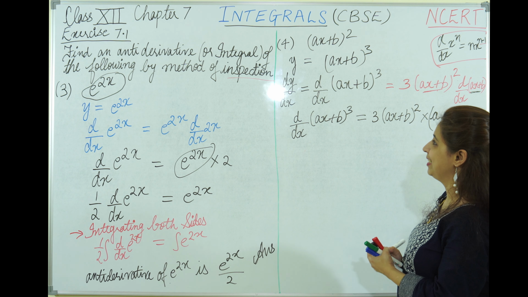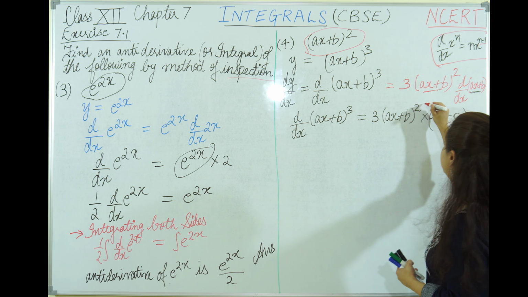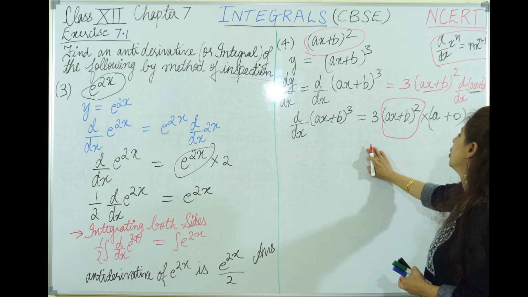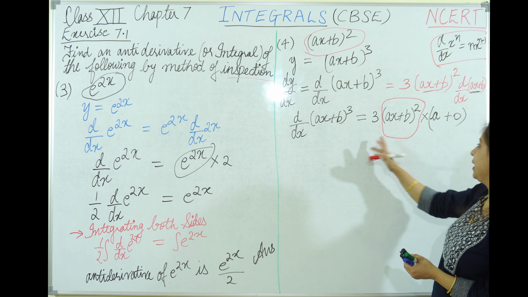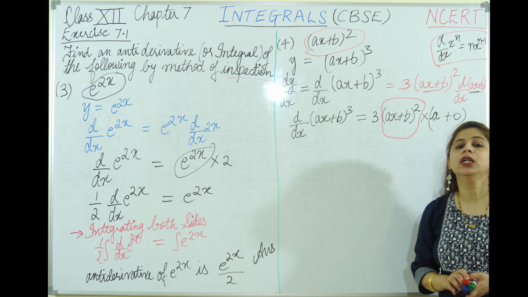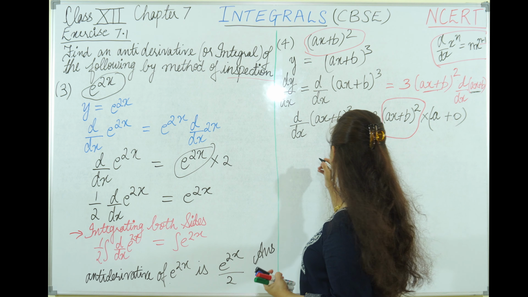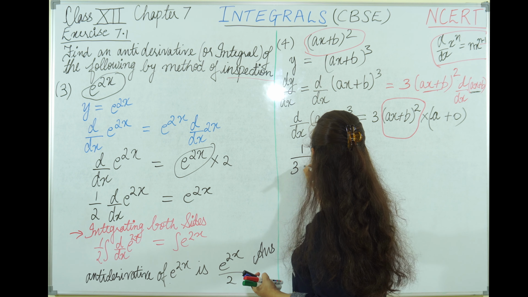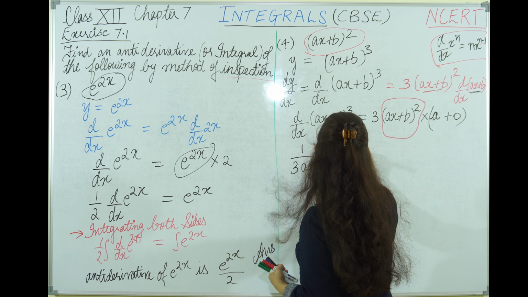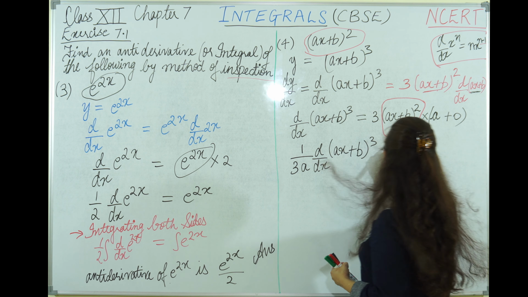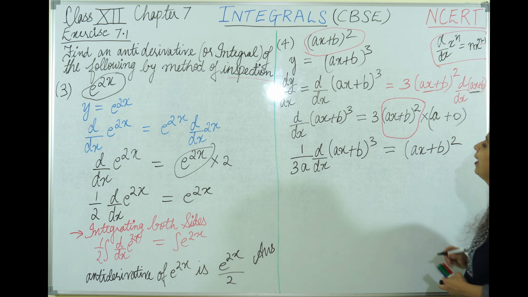But in the question, I need to find the antiderivative of (ax plus b) whole square only, so all the other terms should go that side. 3 and a will go that side with division, because here they are with multiplication. So now I'll be getting 1 upon 3a d over dx of (ax plus b) whole cube equal to (ax plus b) whole square.